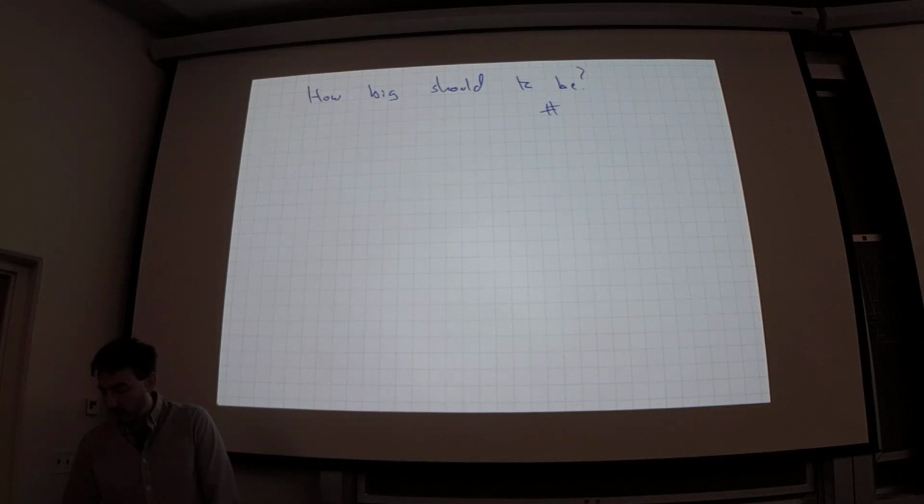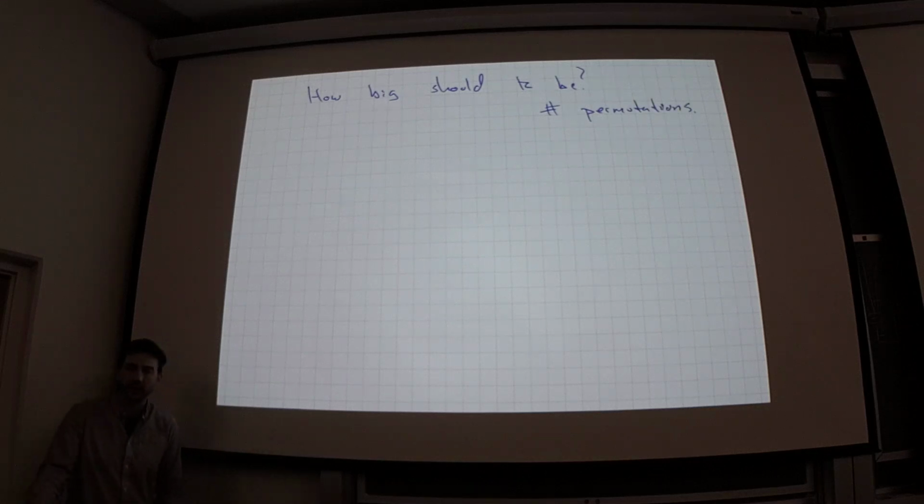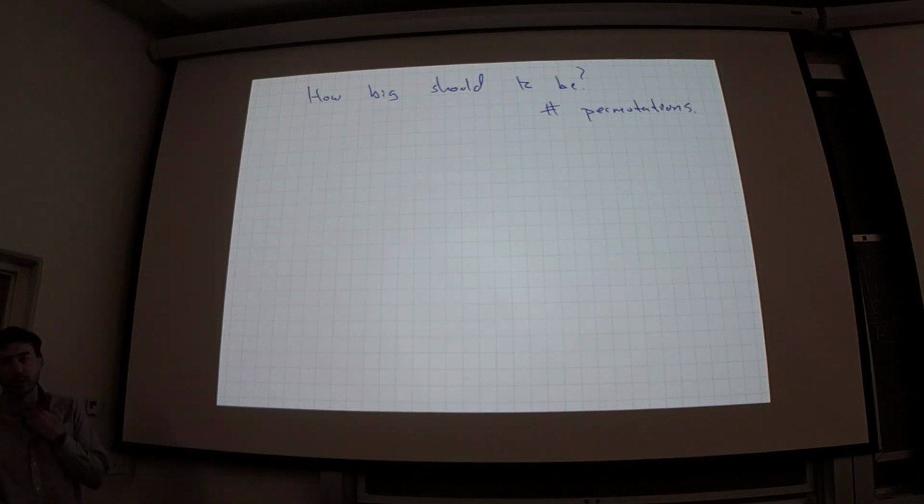Okay. Well, let's see. I quickly want to go through now the question: how big should K be? This is, remember, the number of permutations. So how many permutations do I have to do?